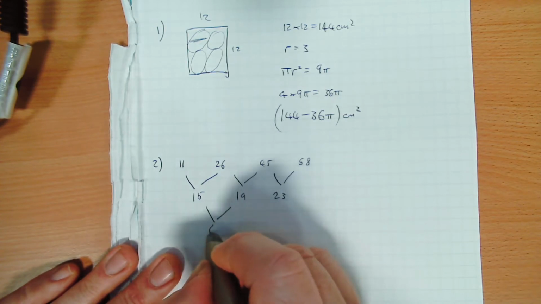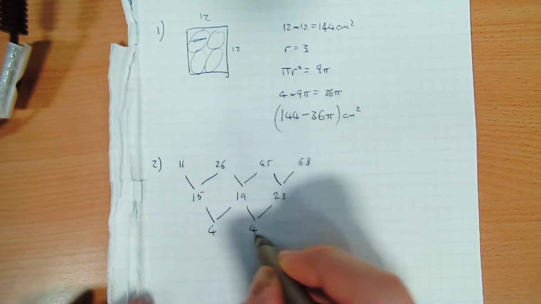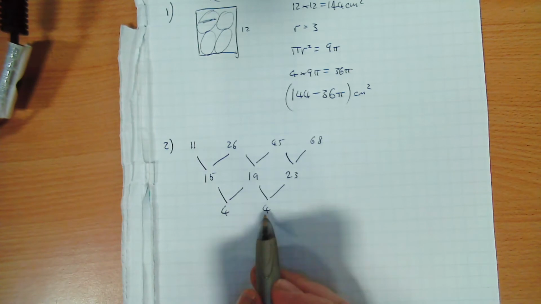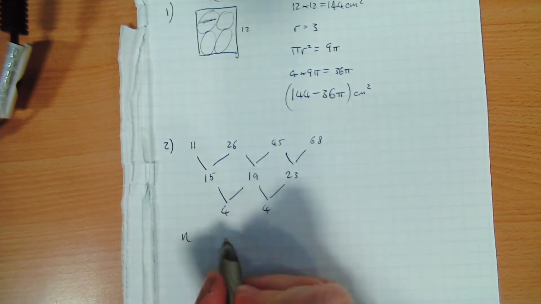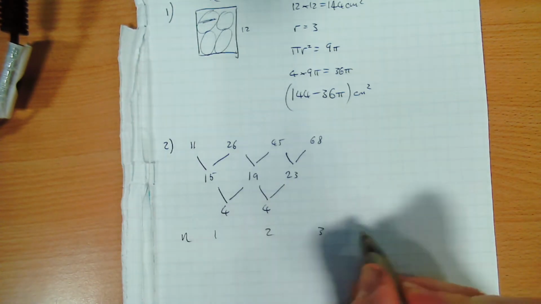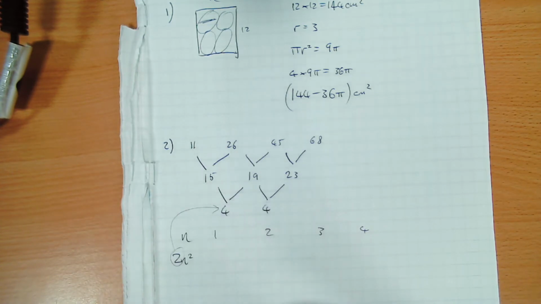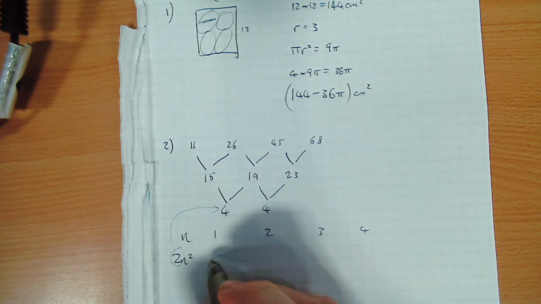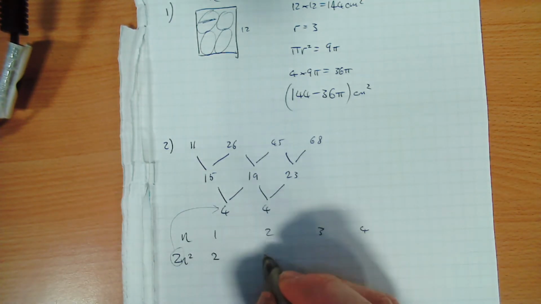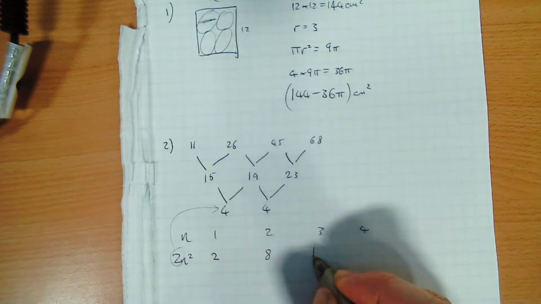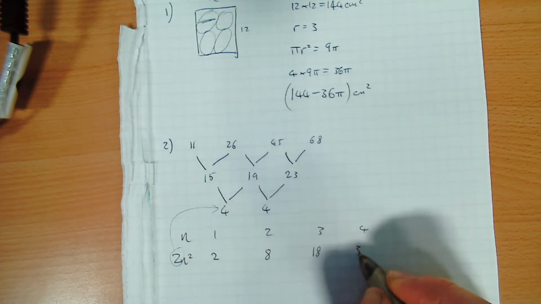The second difference is then constant, which means it is a quadratic sequence, and we halve that second difference. So I'm looking at the 2n squared sequence. Remember, the 2 comes from halving that 4.